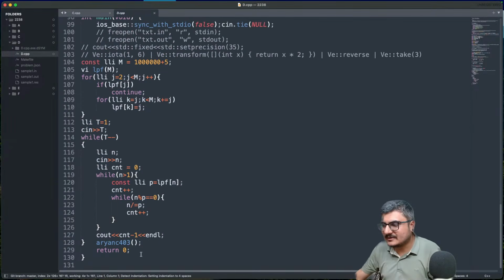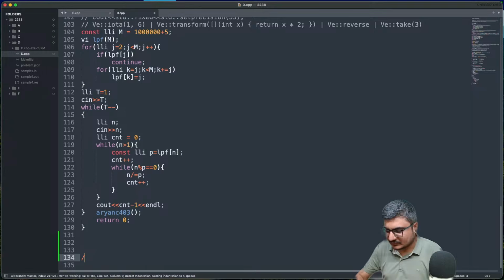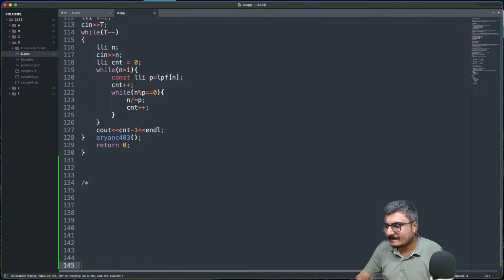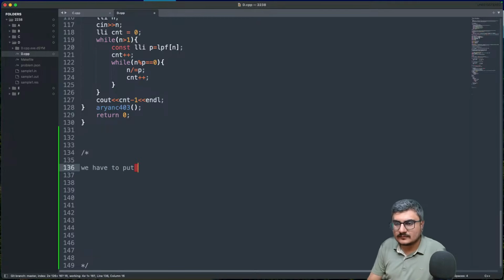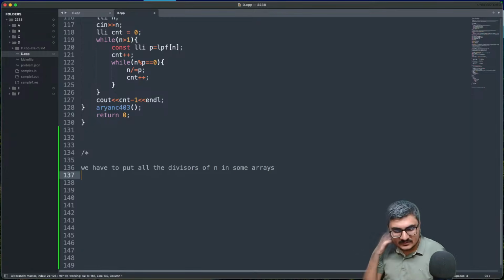Like the problem primarily says is as follows. Some arrays, let's put it this way.